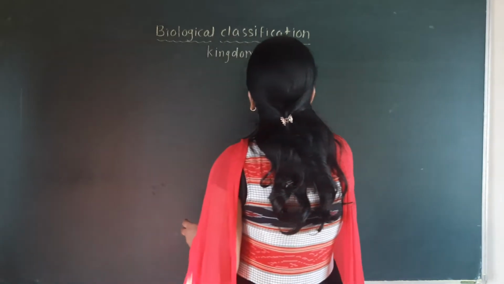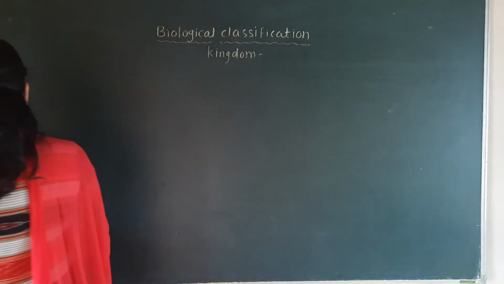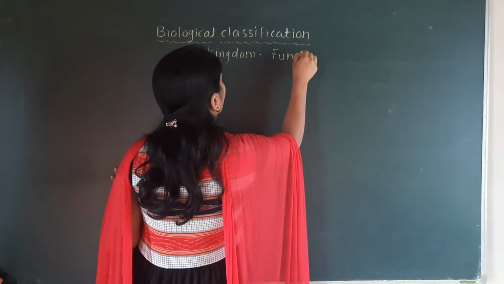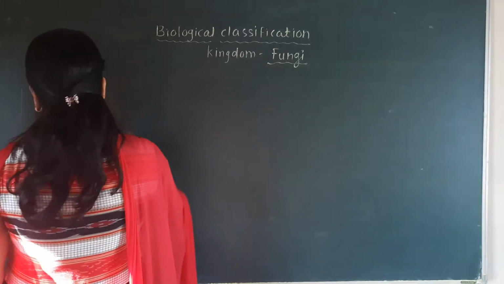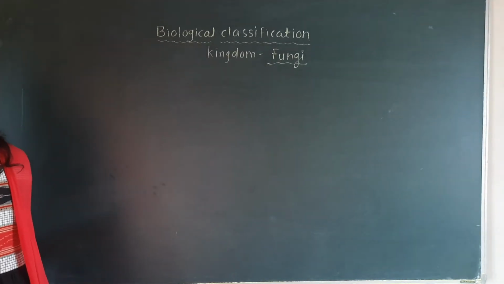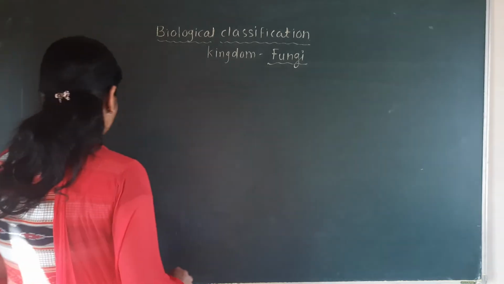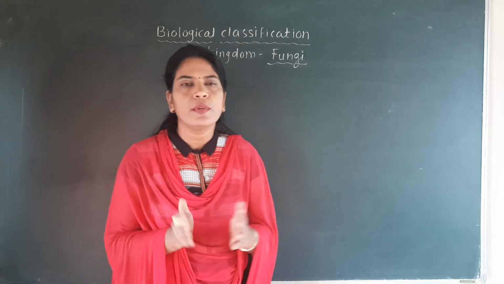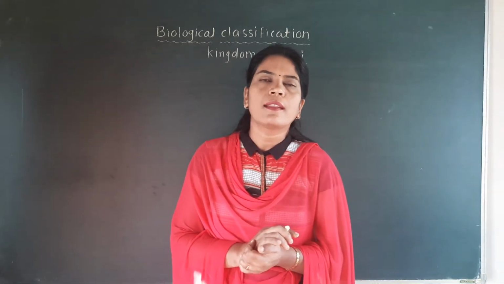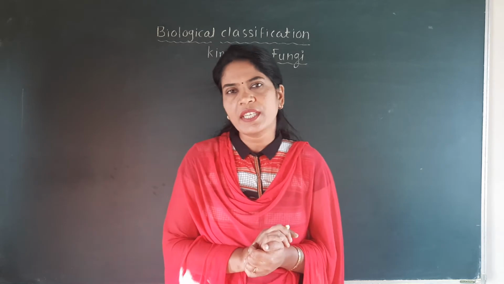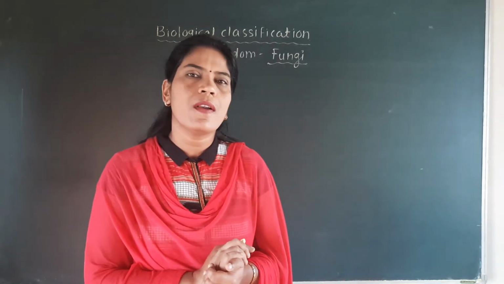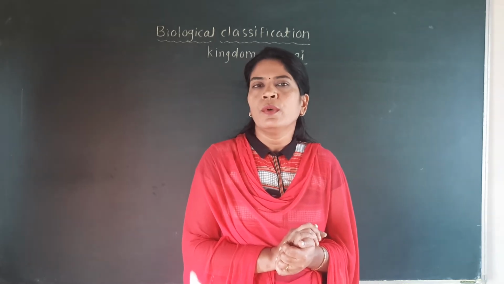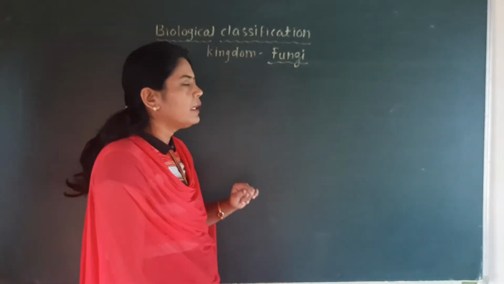So which are the important things in this kingdom Fungi that we discuss first? See, in the first lecture we discussed that Monera are unicellular, but from Protista to Animalia, all organisms are multicellular.